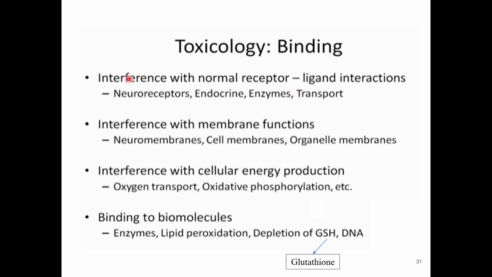One is binding: they interfere with normal receptors, such as ligand interactions, which are neuroreceptors, endocrine, these are basically glands which secrete hormones in the blood, then enzymes, transport, etc. Second is interference with membrane functions such as neuromembranes, cell membranes, organelle membranes, etc. One can be interference with cellular energy production, that is through oxygen transport, oxidative phosphorylation, etc. One can be binding to biomolecules such as enzymes, lipid peroxidation, depletion of GSH, which is glutathione, and DNA, that is deoxyribonucleic acid.